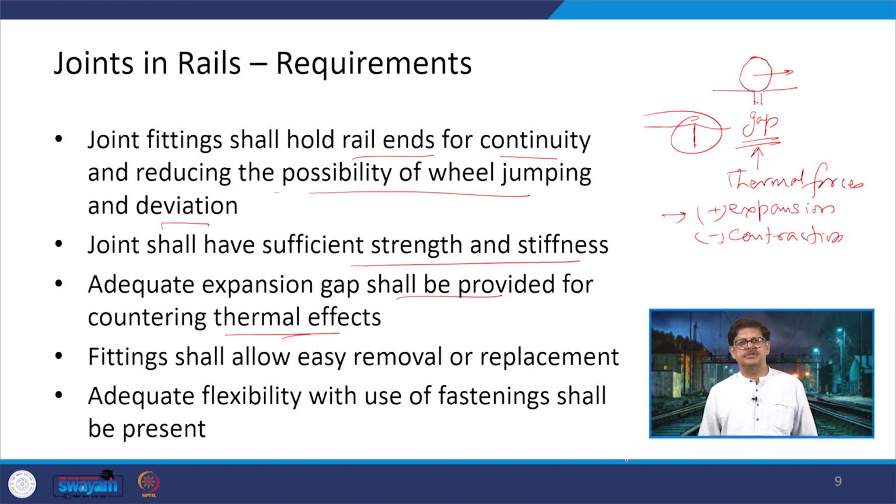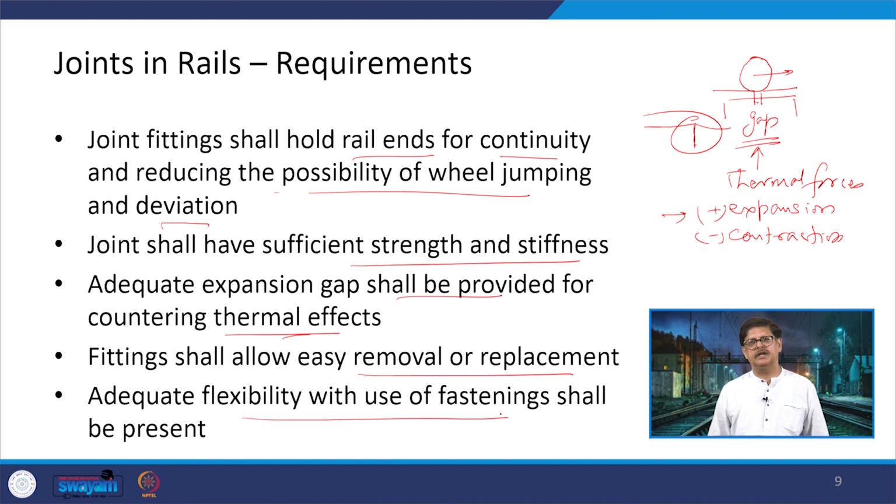Then fittings shall allow for easy removal and replacement. Whatever the type of things we are using at this joint, they should be such that we can very easily remove them and replace them if required on the basis of the maintenance records. Adequate flexibility with use of fastenings shall be present.